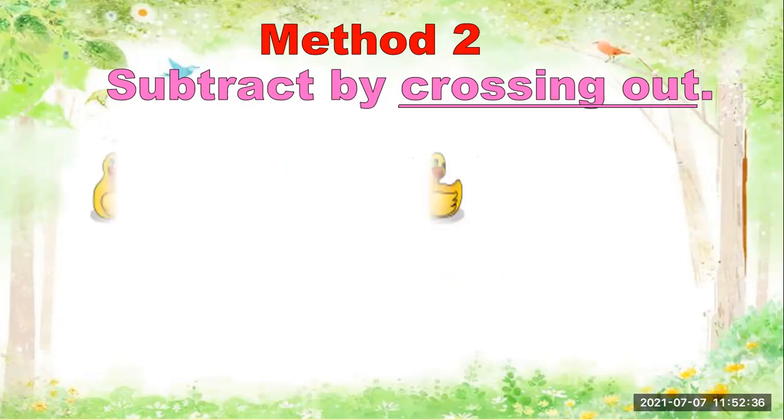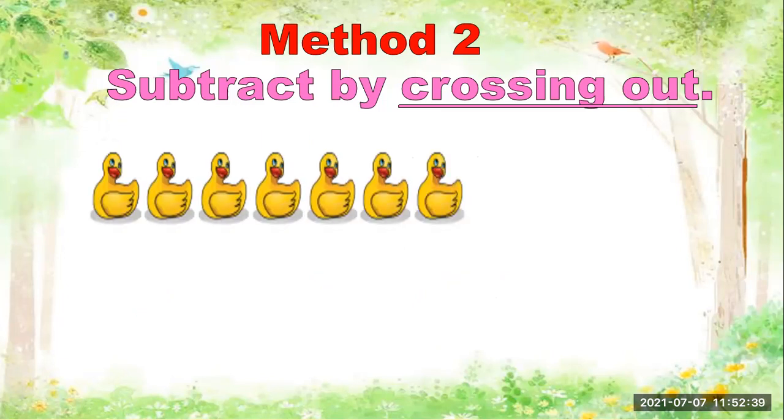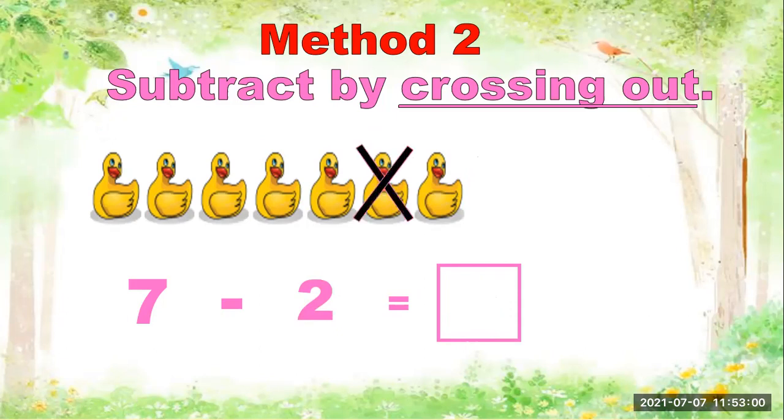And now, another example in method number 2. The same, 7 ducks. We'll write the minus sign, and then minus, let's say, 2. What do you think is the answer here? 7 minus 2. Again, we will use the crossing out method. We will cross out the first duck and then another duck.